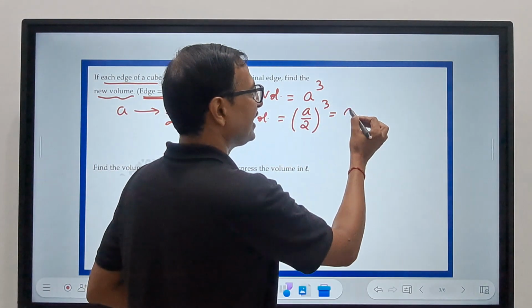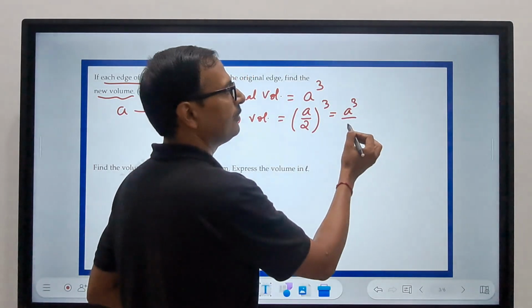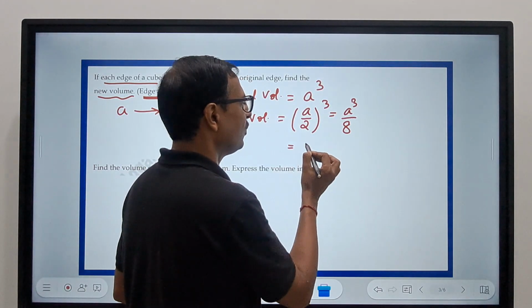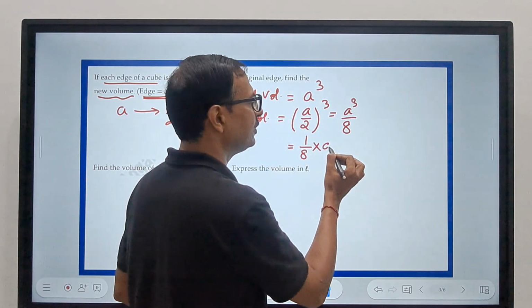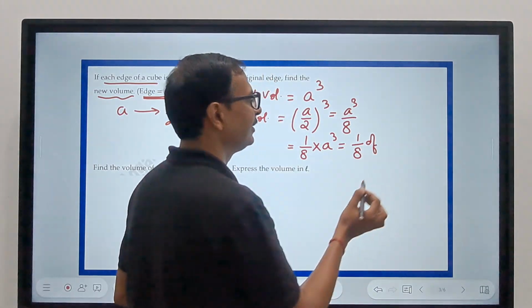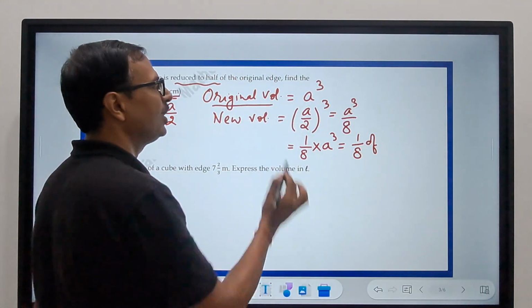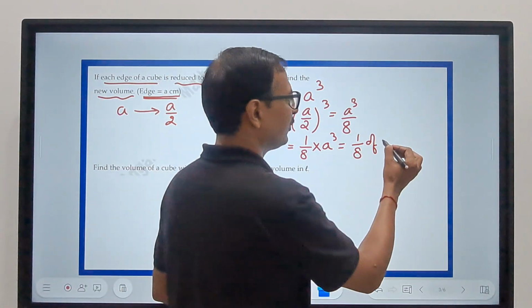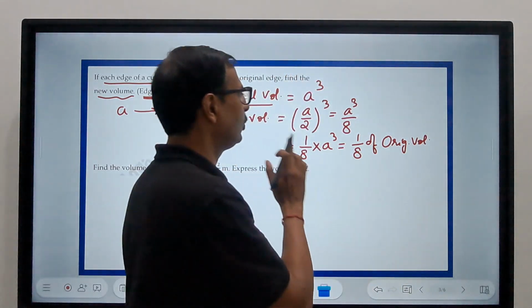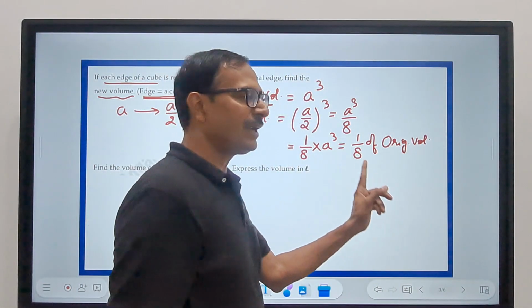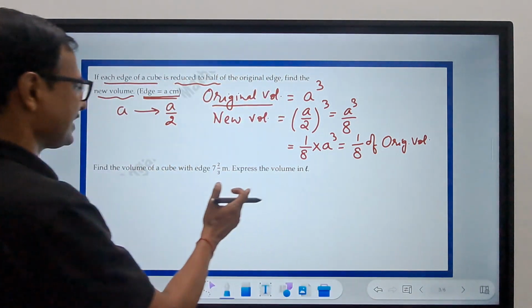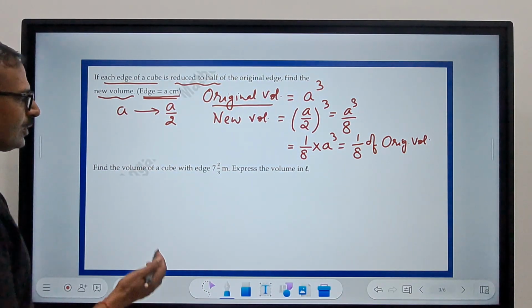This is A cube upon 2 cube, which is 8. And therefore you can write this as 1/8 of A cube. And what does it mean? 1/8 of, what is A cube? A cube is the original volume. And therefore the answer for the question is that the new volume will be equal to 1/8 of the original volume, right?